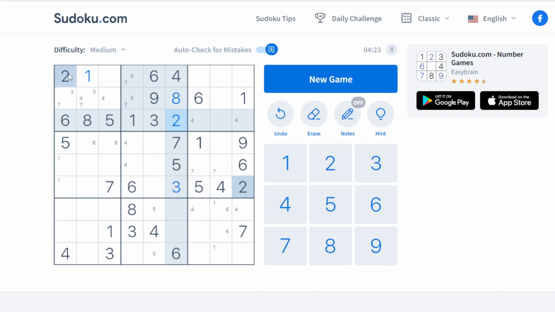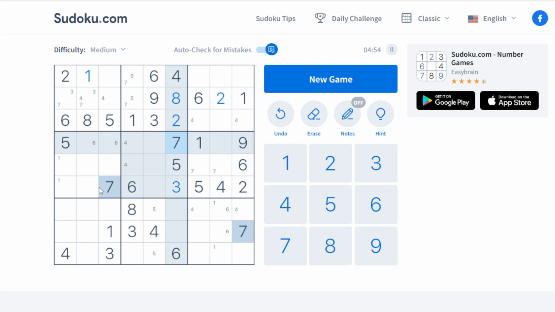From that, it looks like we know that this must be the 2. And with that, we know the 2 must be in these 3 squares, but we're not going to make note of that. Do we know anything else from that? Let's see. I believe that's it for now.